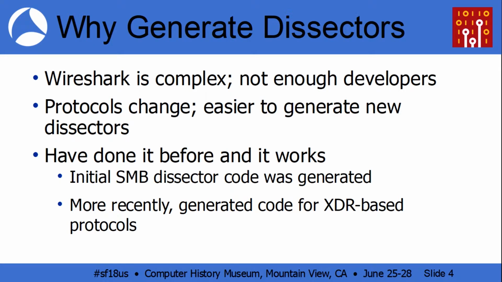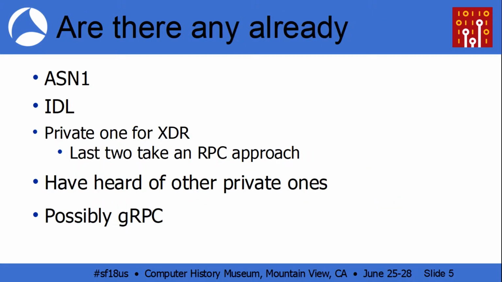Unfortunately, I never ever released that generator code, and that was probably a mistake because people might have found it a useful approach for other protocols for generating dissectors. So that's some of the reasons for generating dissectors.